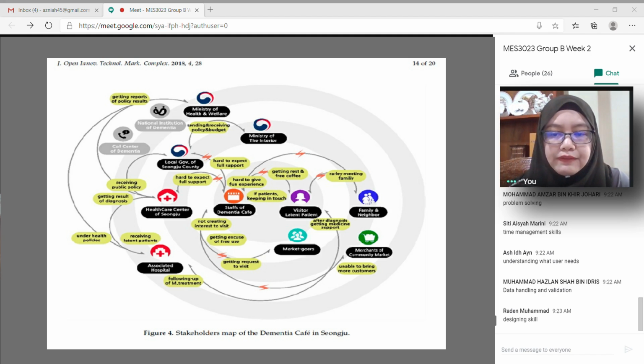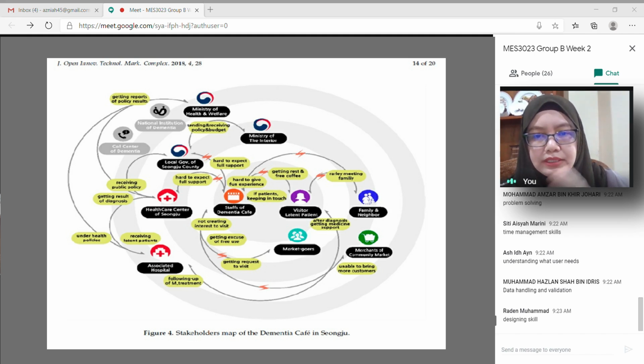It's a cafe dedicated to people with an illness called dementia, which is related to symptoms like loss of memory. It's a special cafe, maybe somewhere near the hospital. This actually happened in Seongju, which is in Korea.